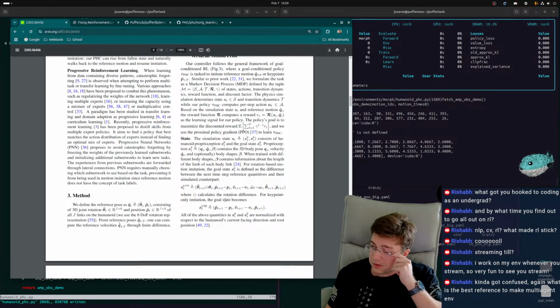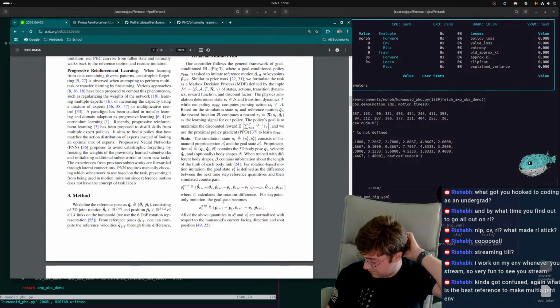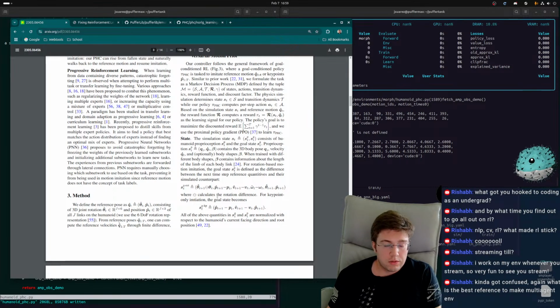So, I think they're only giving you the goal state, the final state of the motion. Is that it?